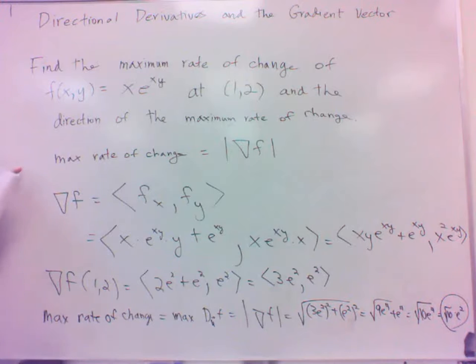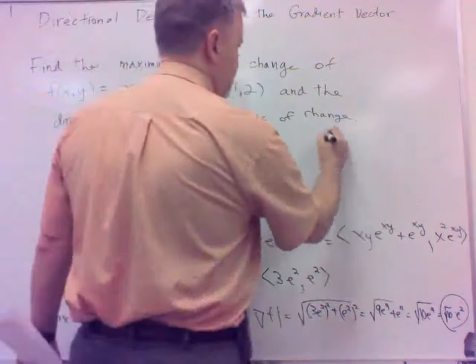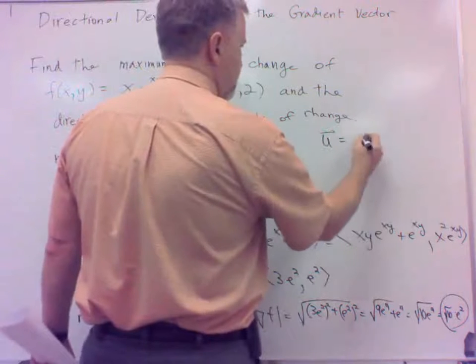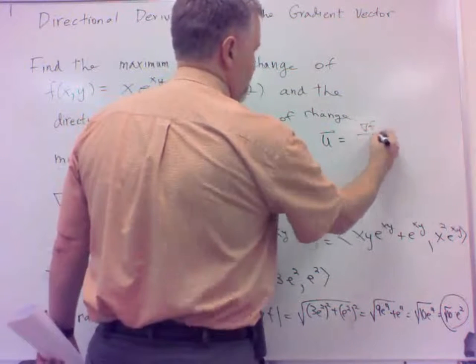And then the direction. They may want it in terms of a unit vector. So what would be the unit vector? You take the gradient vector and divide it by the magnitude.